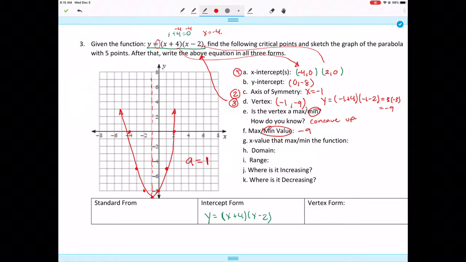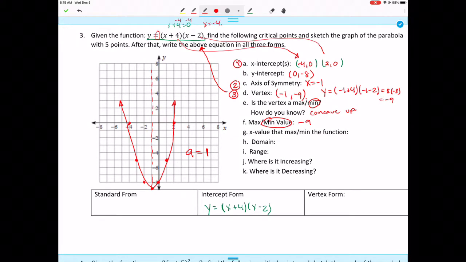And what's the x value that gives you that -9? It is -1. Domain, okay, same thing as last time. You can write it in either of those 3 answers. Range is all y values that are greater than or equal to -9.